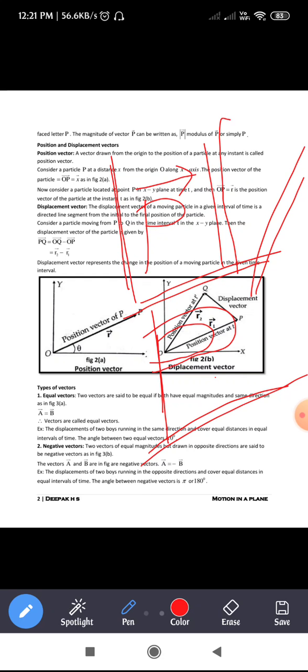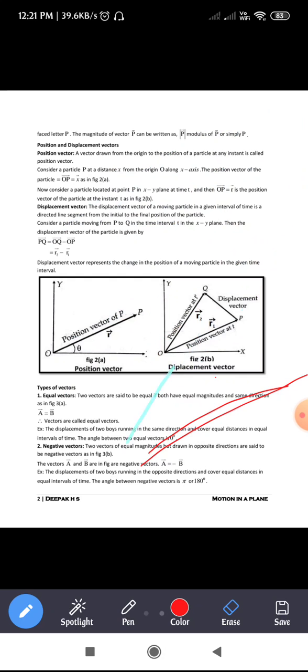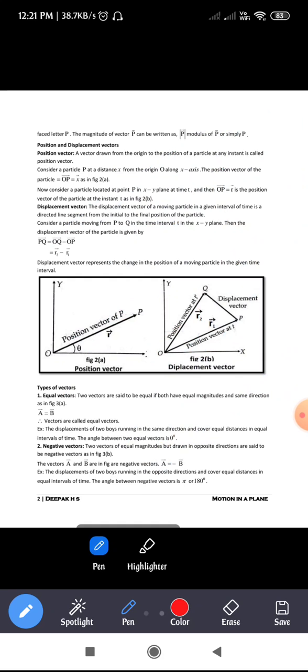Next, coming to position and displacement vectors. Let us see what these position and displacement vectors are. A vector drawn from the origin to the position of a particle at any instant is called the position vector.